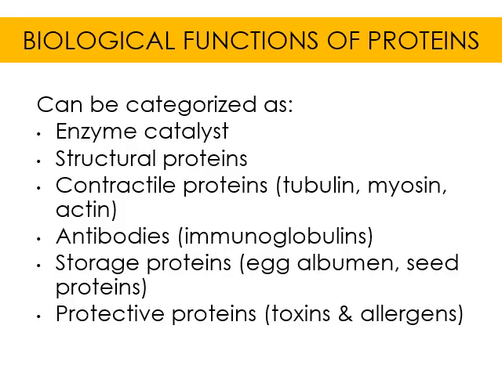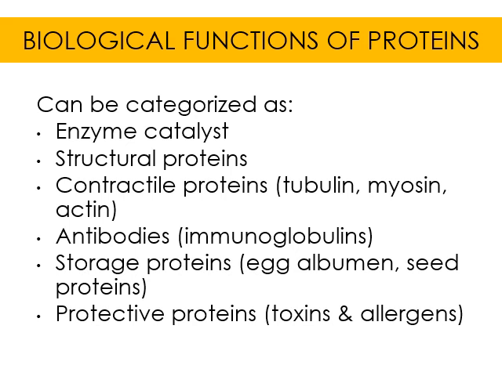Biologically, functional proteins can be categorized as enzymes, which are biological catalysts, or structural proteins, contractile proteins, antibodies, storage proteins, or protective proteins. Biologically we know the function of proteins, but in food science the function is slightly different, because proteins play an important role in the texture and organoleptic properties of food.